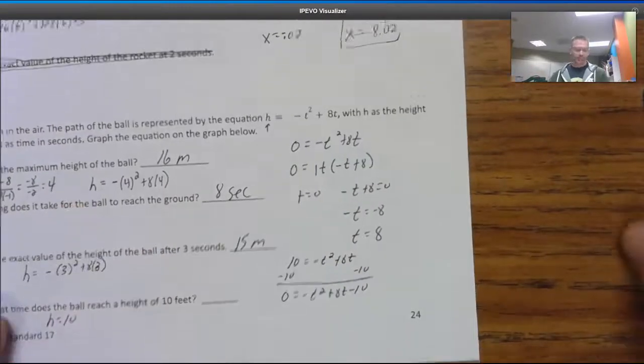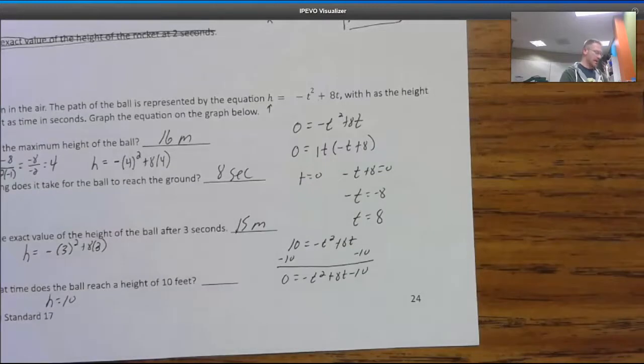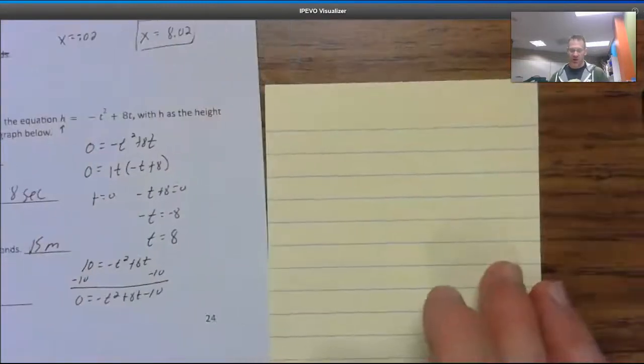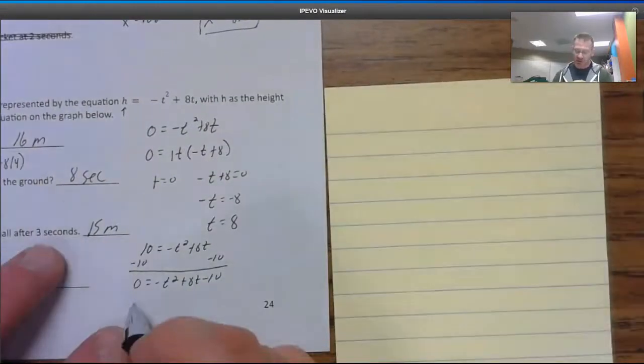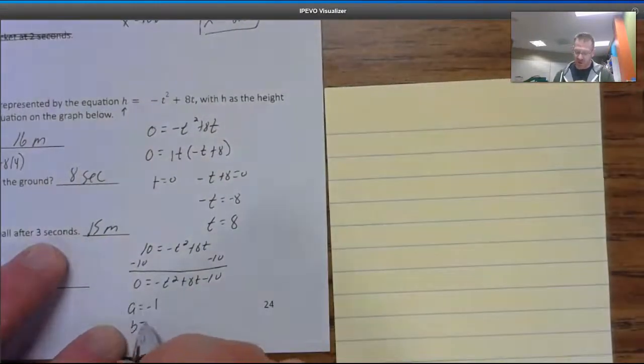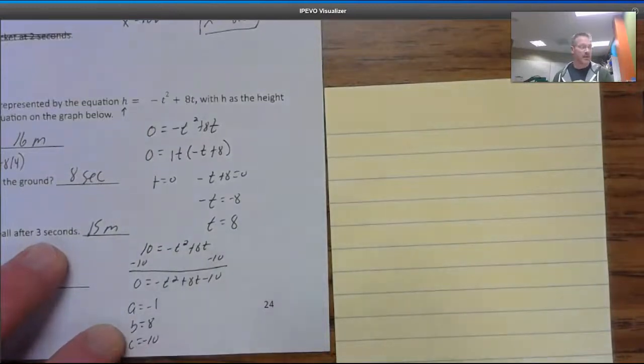I'm going to grab a sheet of paper and do the quadratic formula on it, since we're a little bit out of room here. If you want to do that on a scratch piece of paper, I'll try to squeeze it in. Notice A is -1, B is 8, and C is -10.